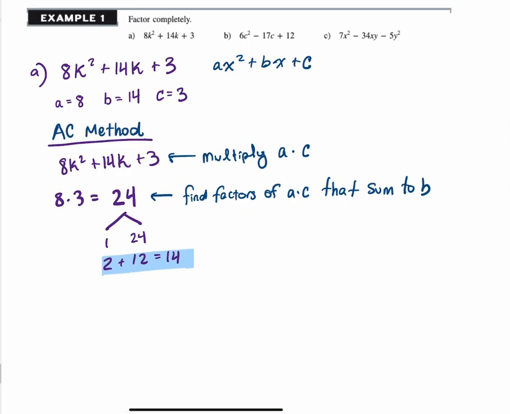In our previous method, we were able to jump straight to writing our two factors, but we have some additional steps in the AC method. We're going to take these two numbers and rewrite the b term in our original expression.